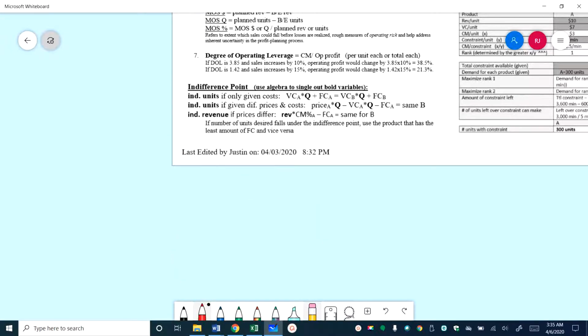Perfect. Now on the exam, it's likely going to say, okay, so what's the indifference point? And you're going to find the indifference point, and then it's going to say, okay, now this is a number of pages you're going to print. Which printer should you buy? So a helpful tip so that you don't have to recalculate everything is if the number of units desired, so the number of pages you want to print, falls under the indifference point, use the product that has the least amount of fixed costs.